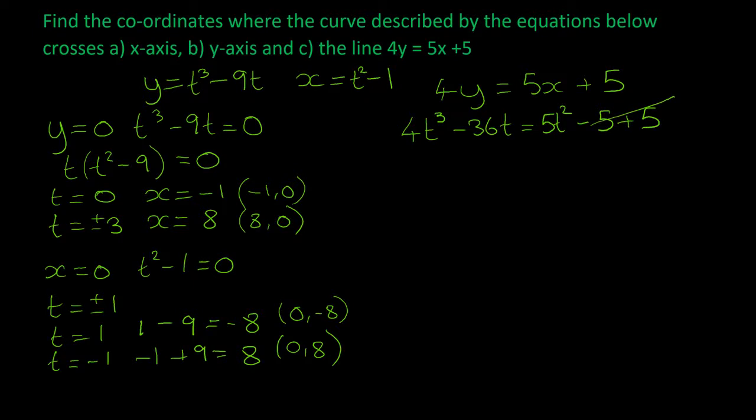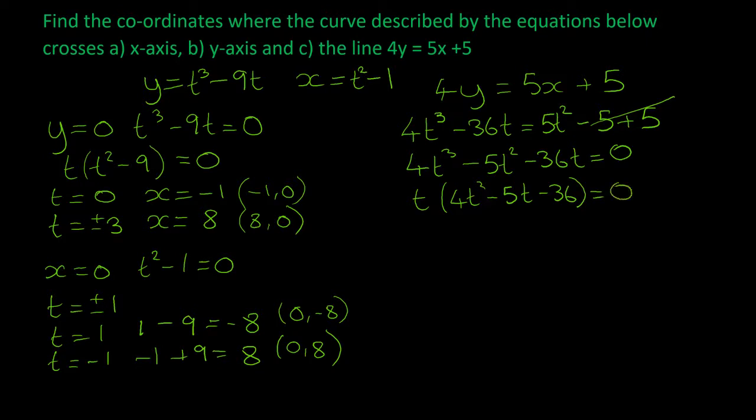Now let's bring everything over to one side. So we're going to have 4t cubed minus 5t squared minus 36t equals 0. Let's factorise out a t, and then we'll have 4t squared minus 5t minus 36 equals 0. So t equals 0 is the easy one.